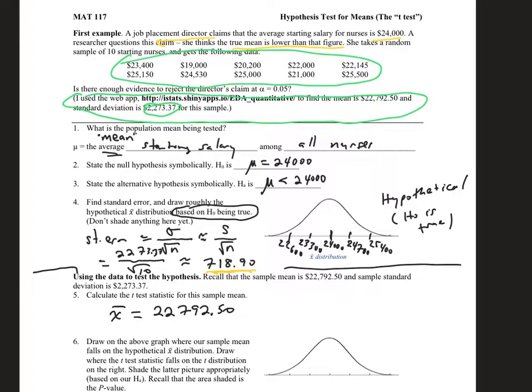Again, that comes from computer output from me putting those 10 numbers into the web app that is linked up there. On the picture, I know that 22,792 is somewhere in this vicinity. So I can make a note of where it is up there. That gives me a visual sense immediately of whether this value seems all that unusual or not.